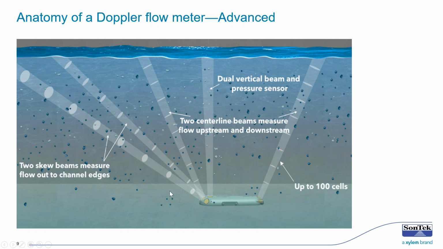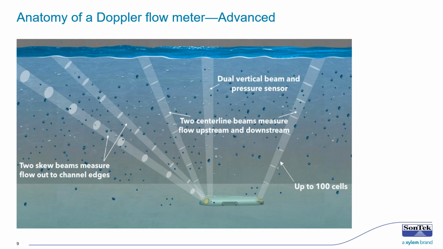So the effect is that the instrument is measuring in layers from the bottom to the top of the water column. And we can divide up these layers up to 100. So you can get pretty high resolution with the pulse meters with the latest technology.